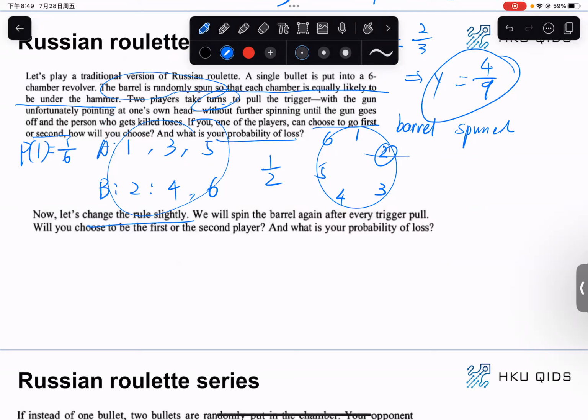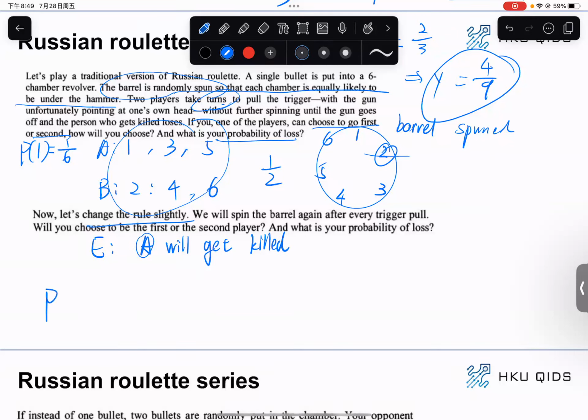Again, we just define the event: A will get killed, where A is the first player.